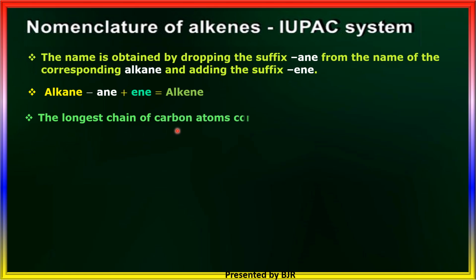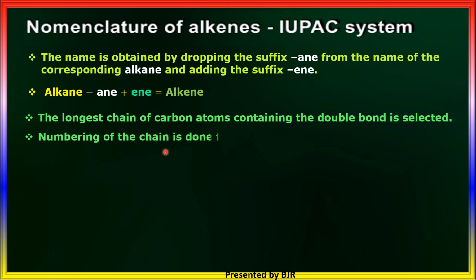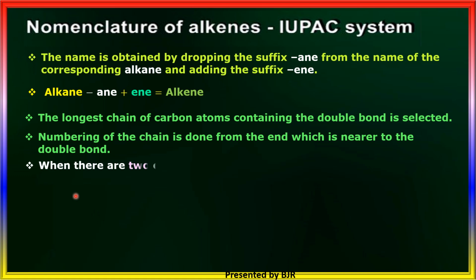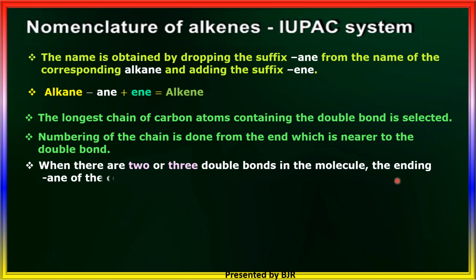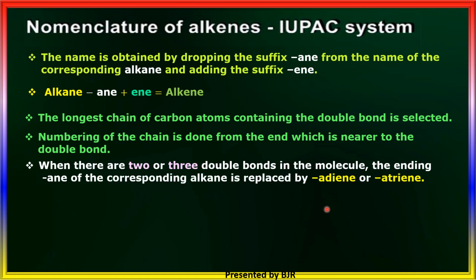The longest chain of carbon atoms containing the double bond is selected. Numbering of the chain is done from the end which is nearer to the double bond. When there are two or three double bonds in the molecule, the ending ane of the corresponding alkane is replaced by adiene or atriene. That is, when two double bonds are there, it is alkadiene.